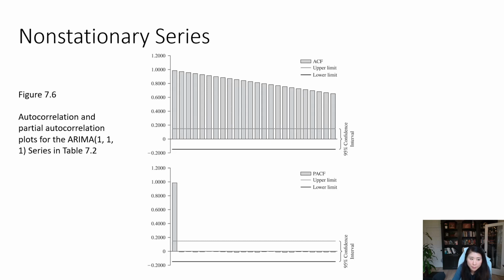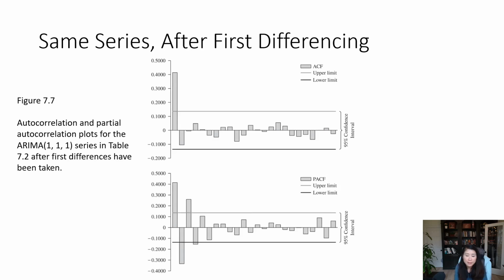Remember, if the data has a trend or seasonality, we consider the data not stationary. So if our original data shows this slowly dying down pattern in the ACF diagram, we need to find the value for I, which is integrating or differencing our data. Some students say, wait, I still don't understand what this difference means.